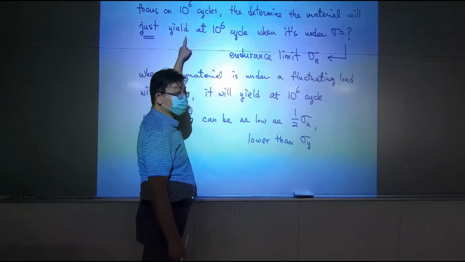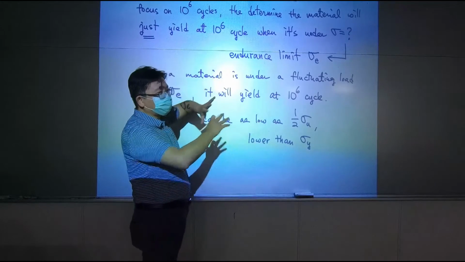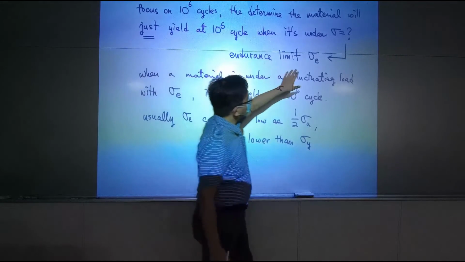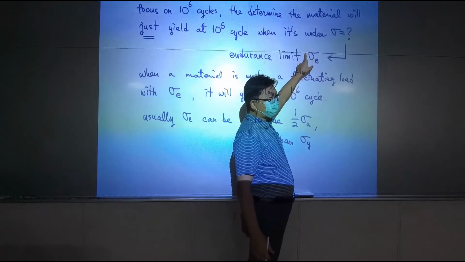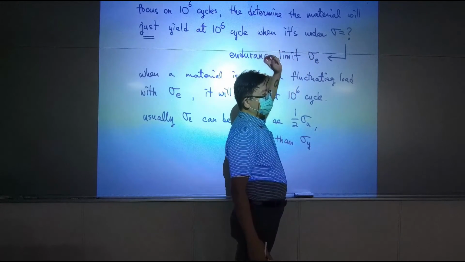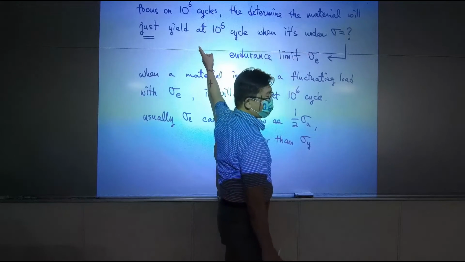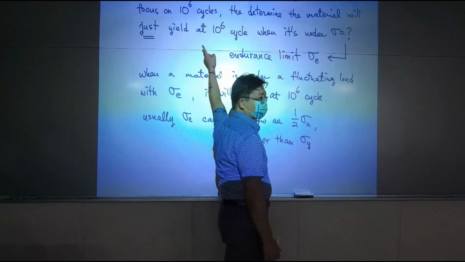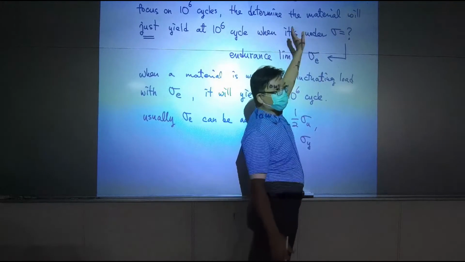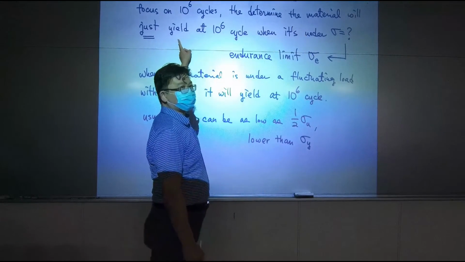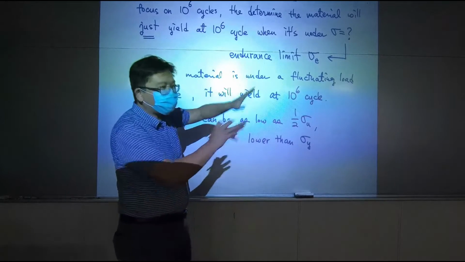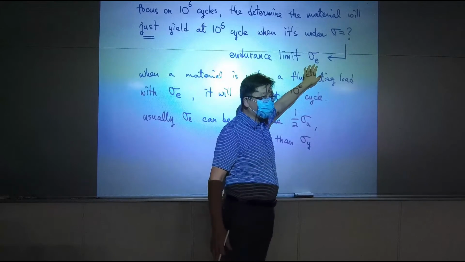Yes, so they have a table. They did a lot of experiments. They try smaller stress; the material doesn't yield before 10 to the power of 6. They try a larger number; it will yield before 10 to the 6. So they did a lot of experiments to find out what this number is.